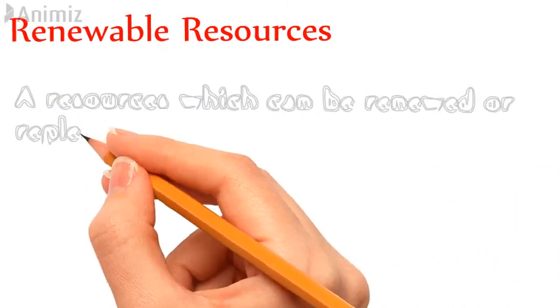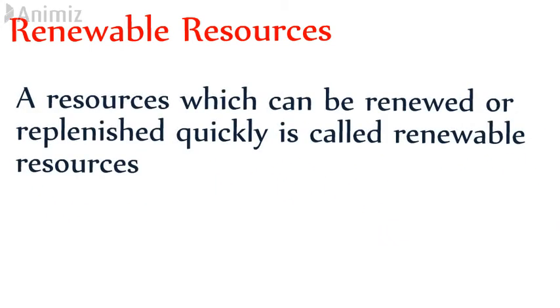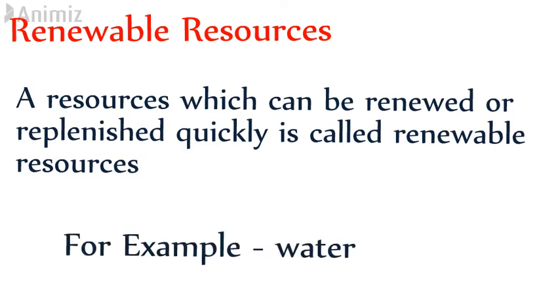A resource which can be renewed or replenished quickly is called a renewable resource. A resource which can be renewed over time is called a renewable resource. For example, water. Water is an example of a renewable resource because water gets renewed over a period of time.